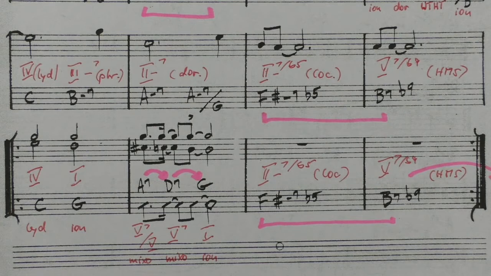And then we have a very nice 5/7 of 5, 5/7 of, and then to 1. So that's Mixolydian, Mixolydian, Ionian, and our well-known Locrian to harmonic minor on the 5th degree, 2 minor 7 flat 5, Locrian, 5/7 flat 9, harmonic minor on the 5th degree, then resolving back to the 1 minor chord.